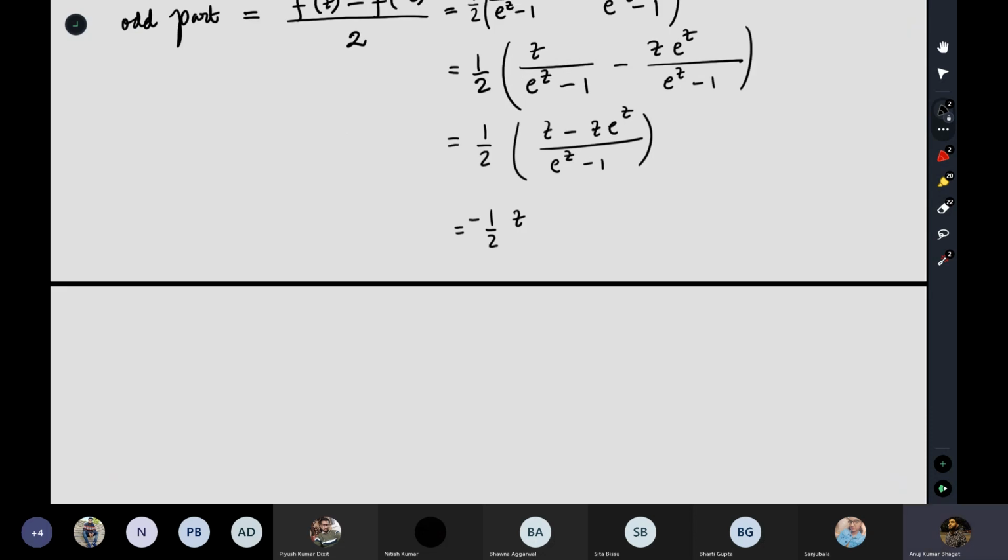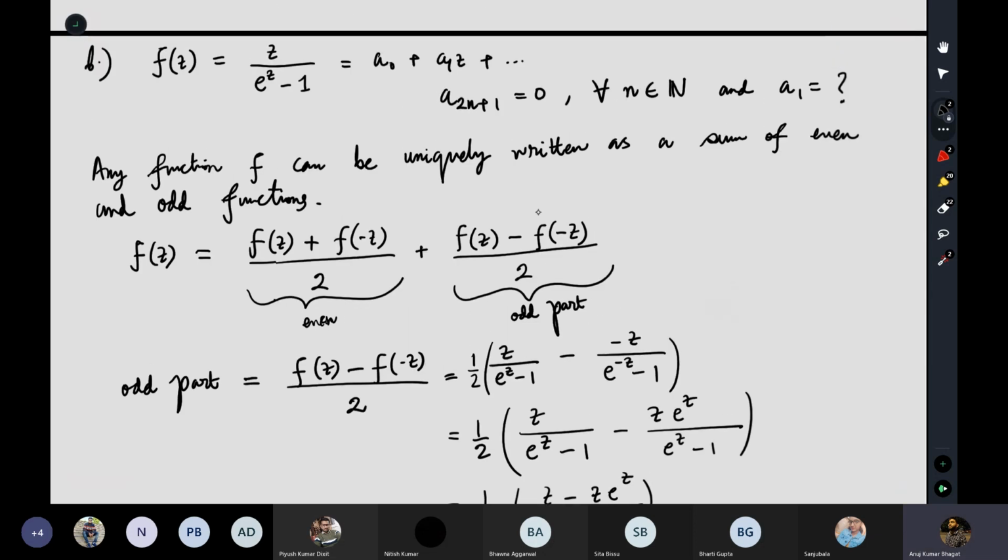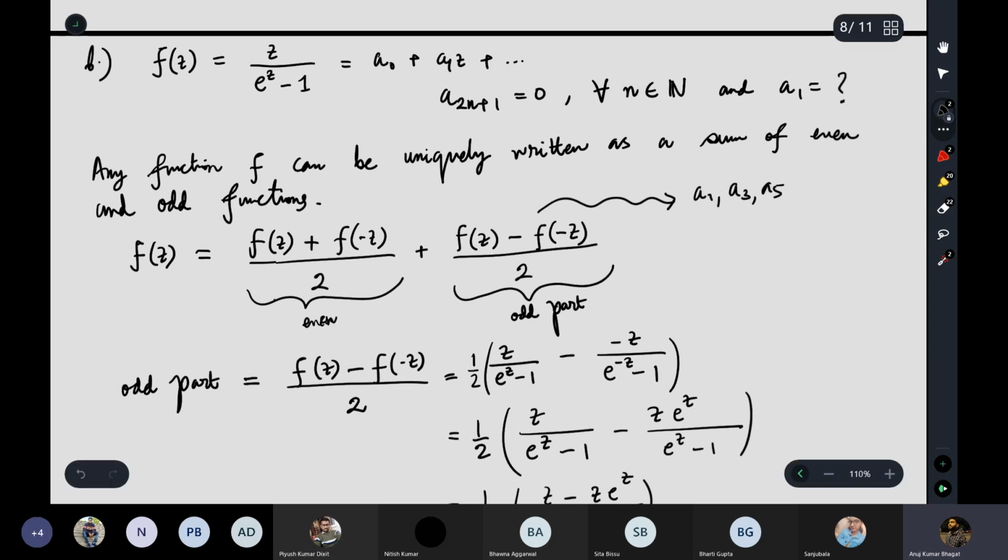So you can see what I am getting. If I expand the odd part in terms of power series, it will have a1, a3, a5. For an odd function, only the even ones will get killed and only the odd ones will remain, and the even part will have the coefficients a2, a4, a6 and so on, and even a0.